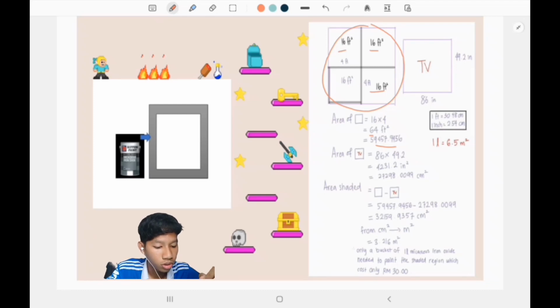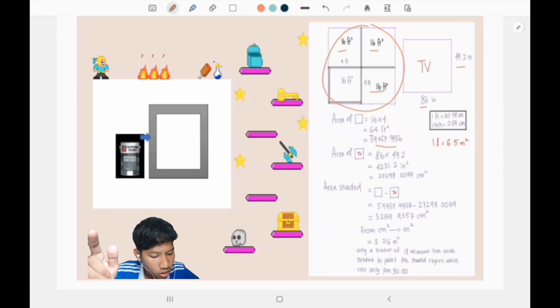So from the data, the length of the TV is 86 inches and the width without the stand is 49.2 inches. So we find the area, we got 4231.2 inches square, and we change the data into cm square. So 1 inch is equal to 2.54 cm.